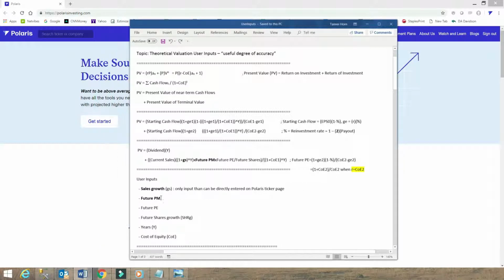Sales growth and profit margin are the 2 most important inputs. In fact, sales growth is the primary input and can be entered directly through the Polaris ticker page. Profit margin can be indirectly entered through the sales growth slider.